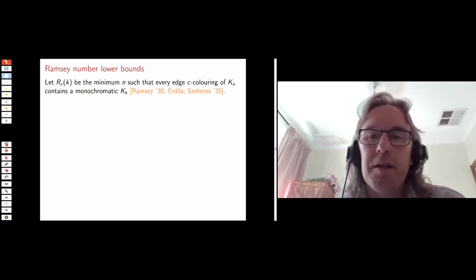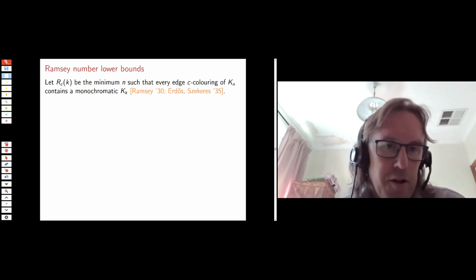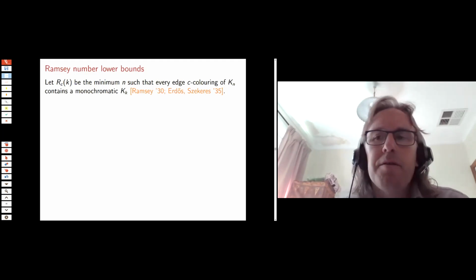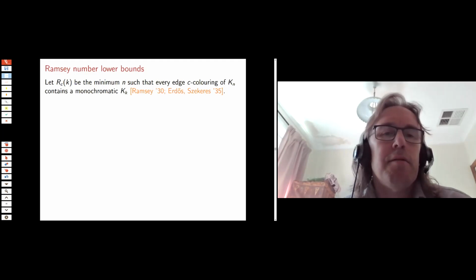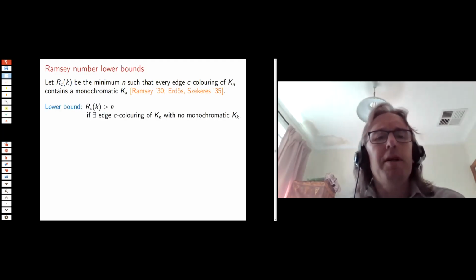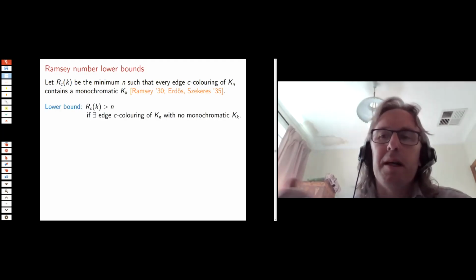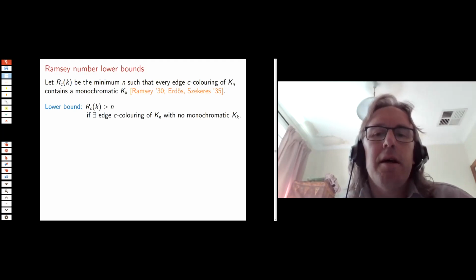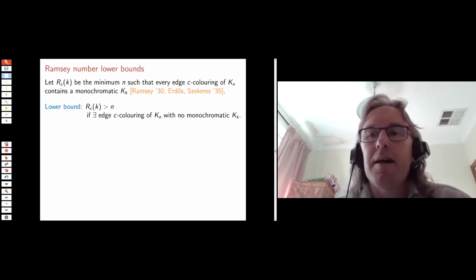Of course, Ramsey and Erdos and Szekeres first proved that this function exists. Now, I'm interested in lower bounds on the Ramsey numbers. So what does a lower bound mean? R(C,K) greater than n means that there is an edge C-coloring of Kn with no monochromatic KK.